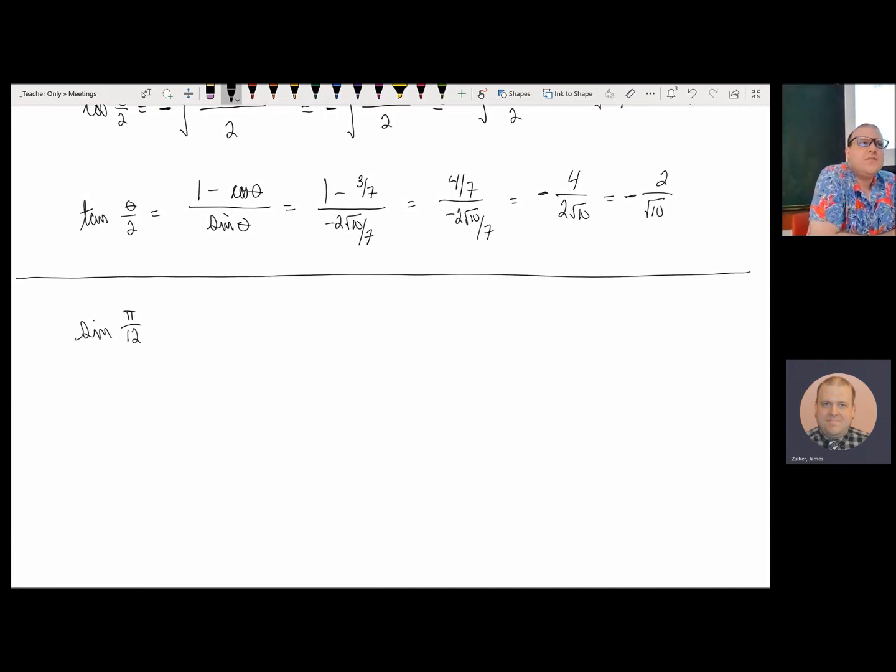I'm going to do it differently. Pi over 12 is a half of pi over 6. Where is pi over 12 located? So sine will be positive.